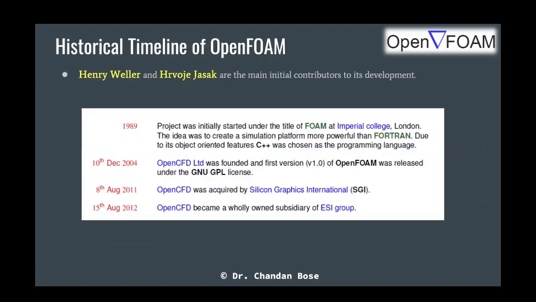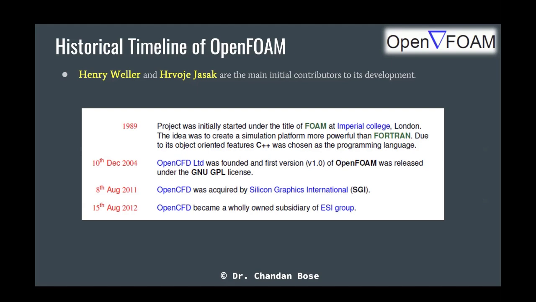So this is basically a brief outline, just for you to know its history. The main OpenFOAM code was mainly contributed through the PhD theses of Professor Henry Weller and Professor Hrvoje Jasak. They wrote the main body of the code during their PhDs at Imperial College London.